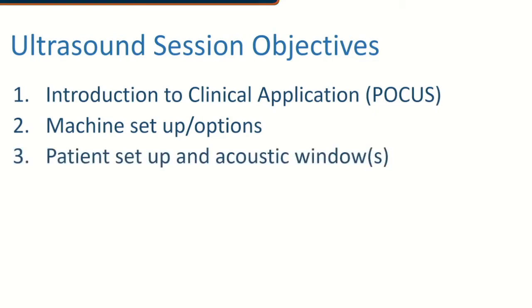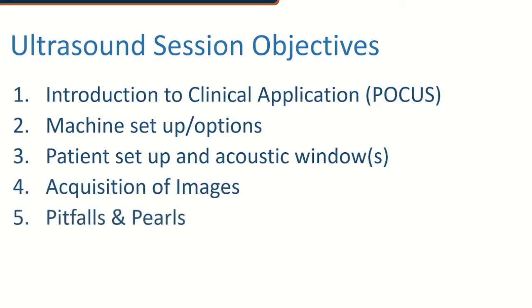We're going to talk about your patient setup and the acoustic windows available. We're going to go through the acquisition of your images, go over some pitfalls and pearls, and then I'm going to introduce you to the scanning direction cards for this segment, which are available for you on Blackboard.